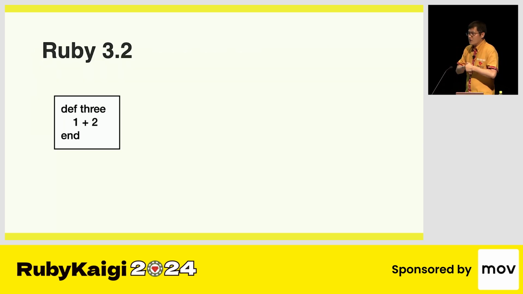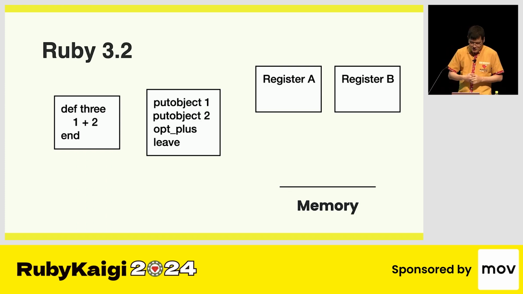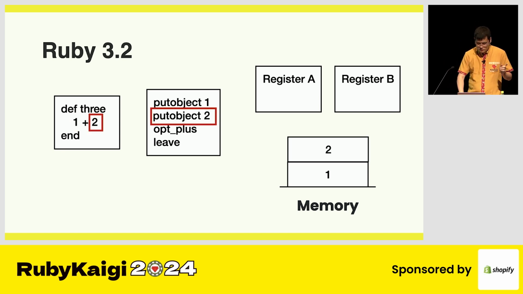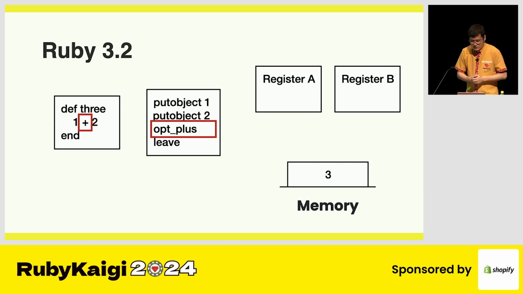As of 3.2, if you have this kind of 1+2 method call, the instruction looks like this. There's a putobject instruction that pushes just object 1 to the stack, then pushes 2, and then when you reach the plus instruction, it pops 2 objects and then writes the result 3 to memory.